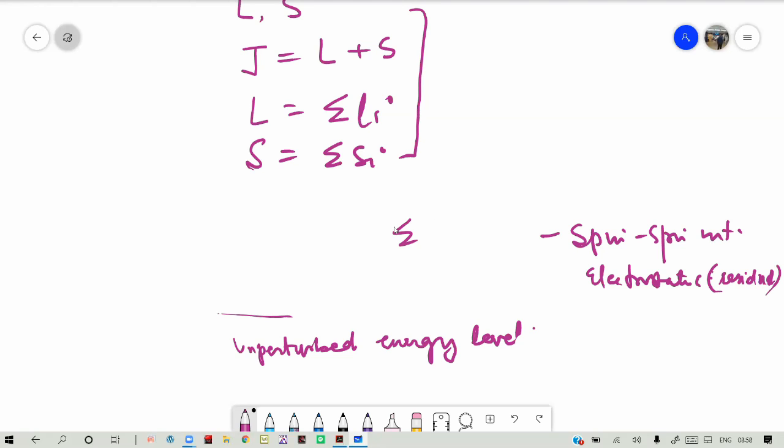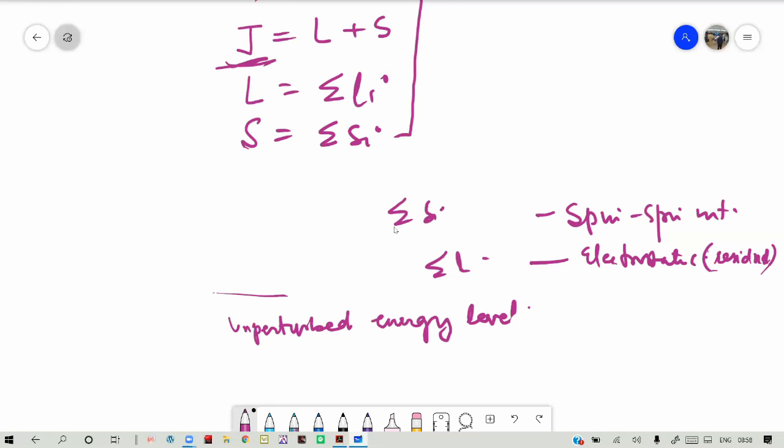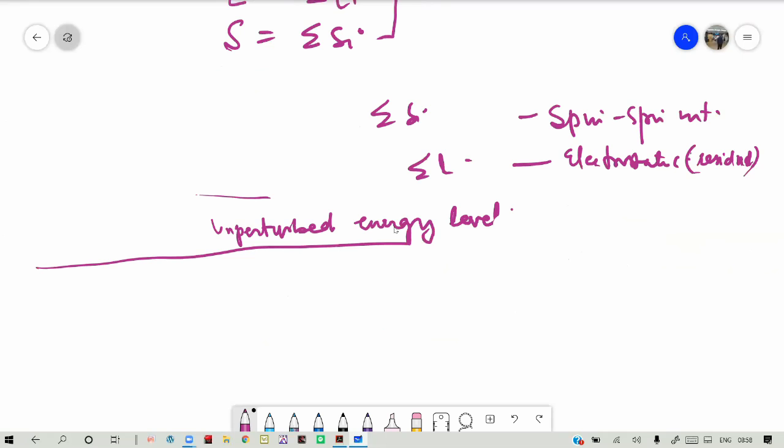Spin-spin will be given by the summation of S, and the other is given by the summation of L. And we individually add them, then we get the total J, the total angular momentum. This was LS coupling. And these factors are dominant while the others remain negligible for lighter atoms.